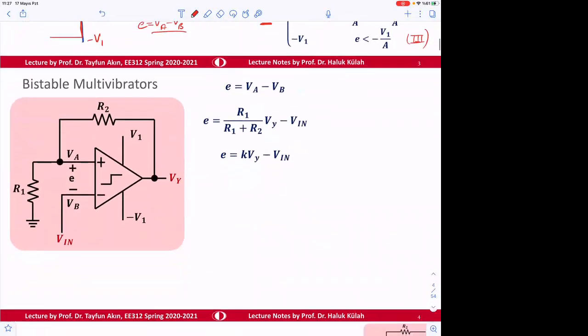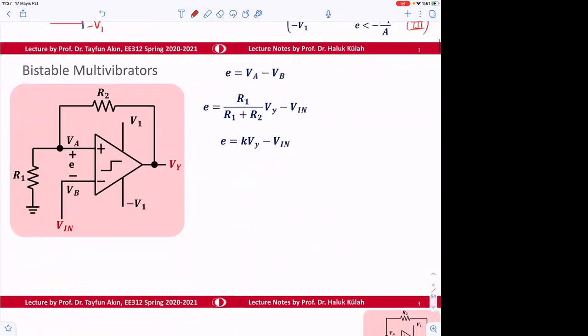If that element is connected like this, this will be a very interesting circuit connection. With this connection, we can make either a bistable multivibrator or monostable, or even astable circuits. We'll be seeing this soon, okay?